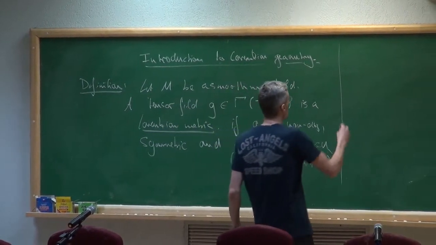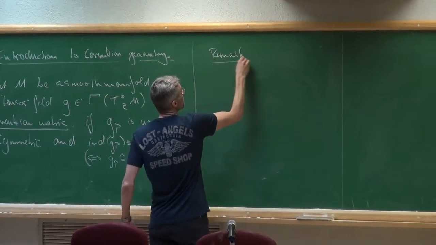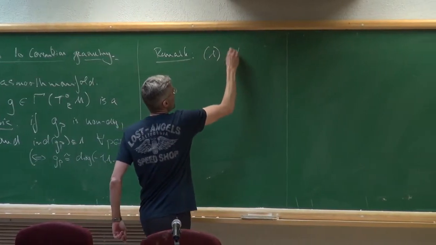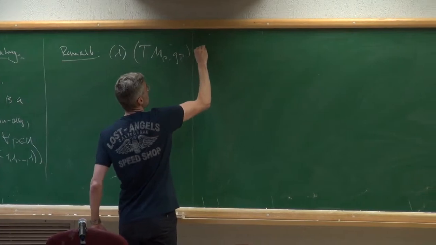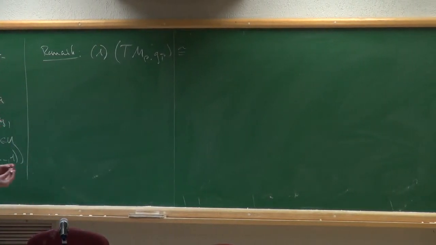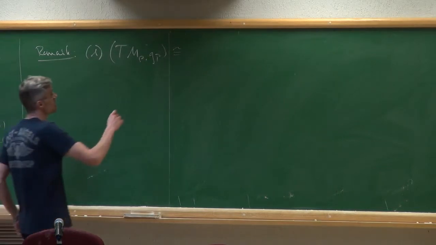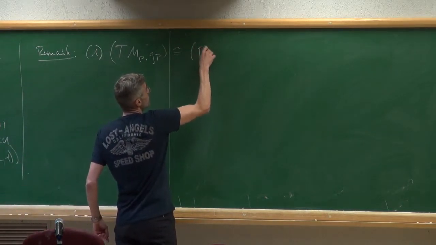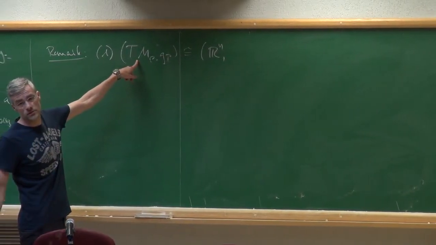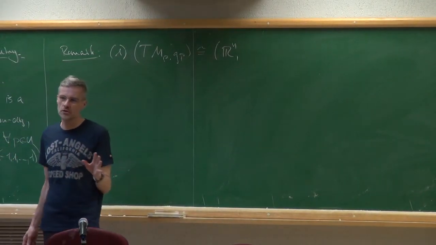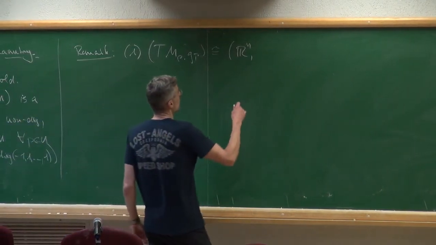The remark, of course, as I already said: every tangent space of this thing is always isometric to a pseudo-Euclidean space, which is just R^n, where n is always the dimension of M. This is one of the contradictions of differential geometry, that M is of dimension n.